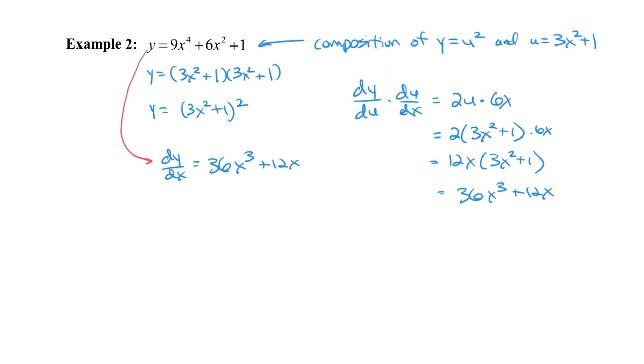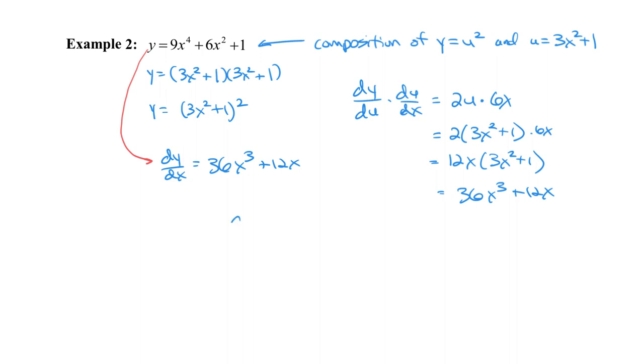The derivative of 1 is just 0, so that doesn't matter. And we get the same thing. So it appears that dy dx equals dy du times du dx. So what we've just demonstrated is actually the chain rule.